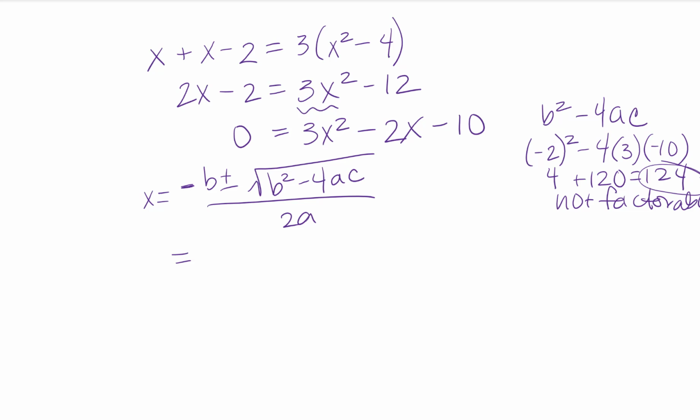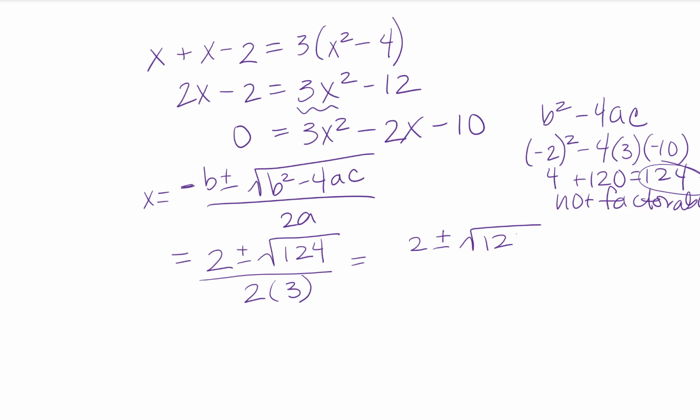This negative outside turns it to a positive. So 2 plus or minus square root 124, we just solved for our discriminant, all over 2 times 3. 3 is equal to a. So we're going to have 2 plus or minus square root 124 all over 6.